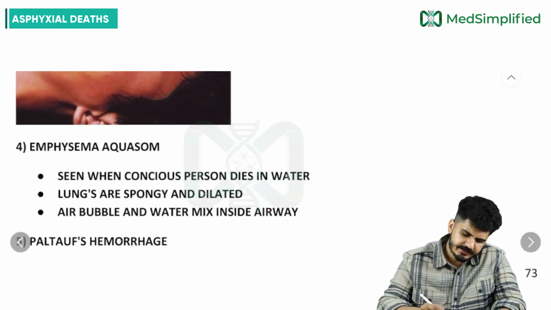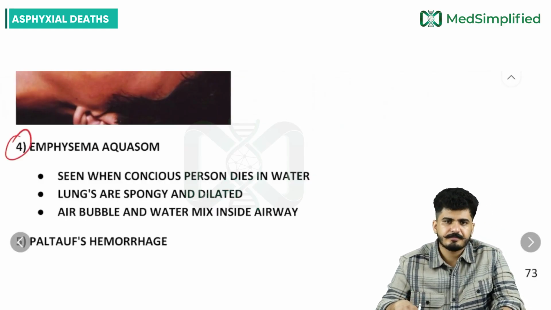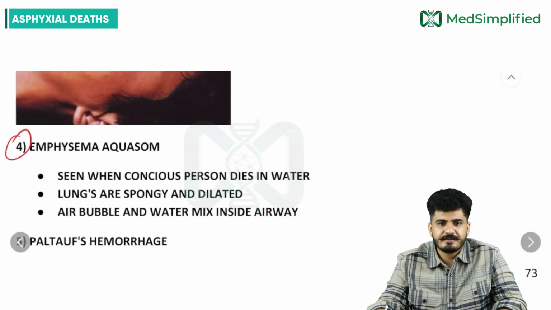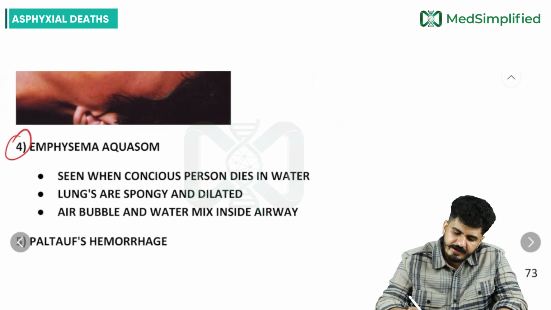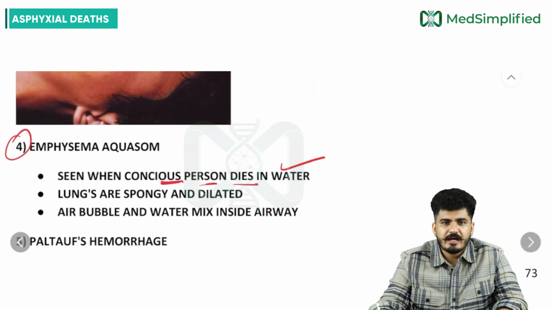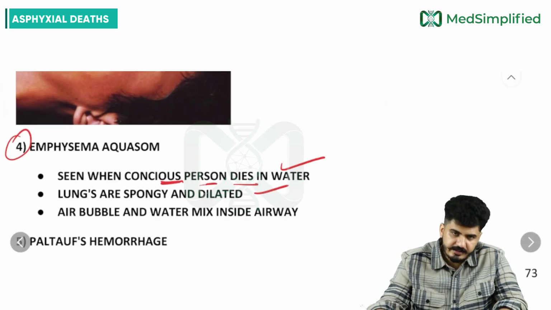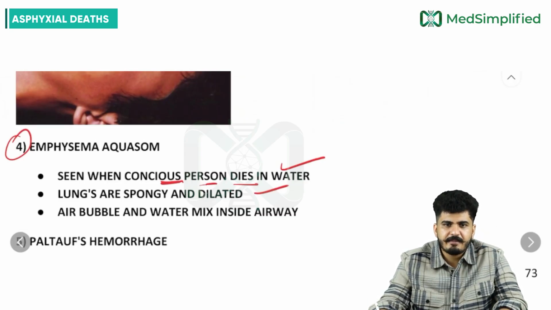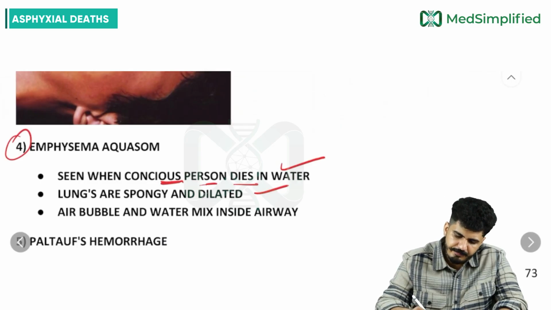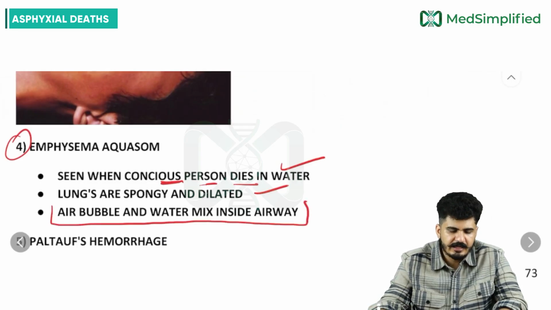Now, sir, the next term is emphysema aquosum. Emphysema aquosum is seen when a conscious person dies; the lungs are spongy and dilated, plus air bubbles and water mix inside the air bubbles.